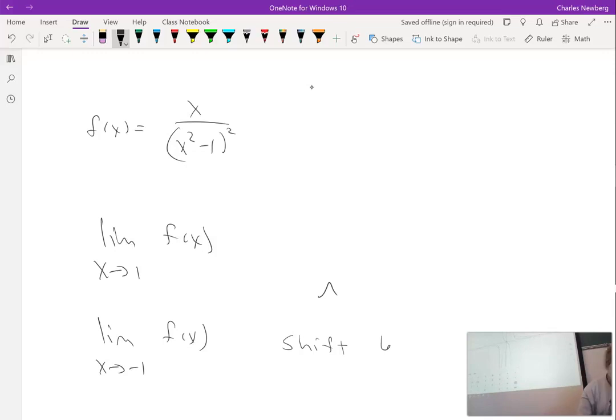And now sometimes it's nice to have a couple of lines in there. And the two lines we might be interested in are x equals 1 and x equals -1. Let me make those dotted real quick. Make that one dotted as well. Okay.